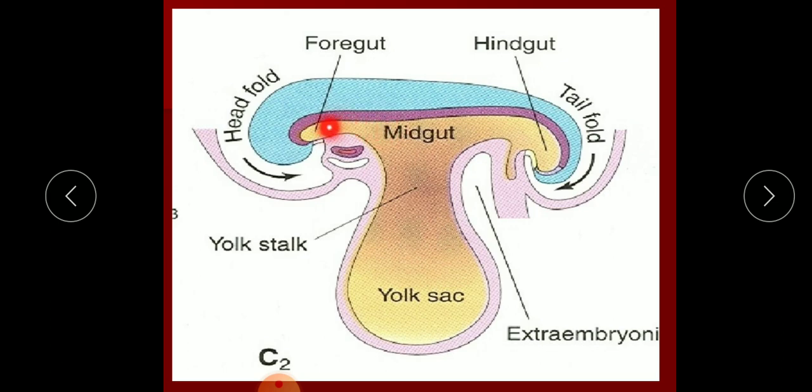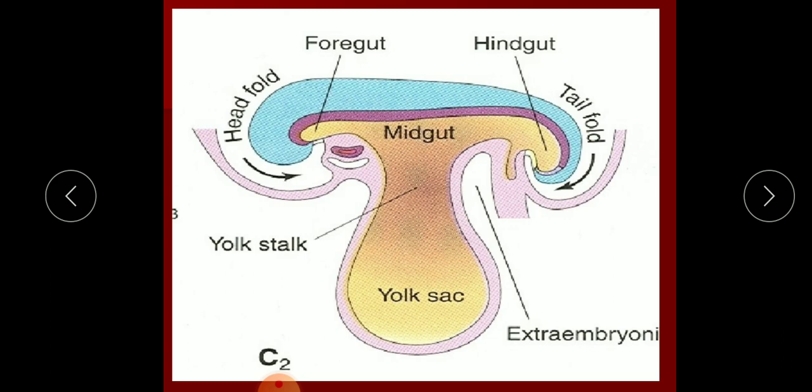So this endodermal layer, with the incorporation of yolk sac, will form the primitive gut. So what is actually this primitive gut? It is the endodermal lined tube after folding, along with the incorporation of the yolk sac, and it is from this primitive gut that your GIT develops. So that is the basis of development of GIT.